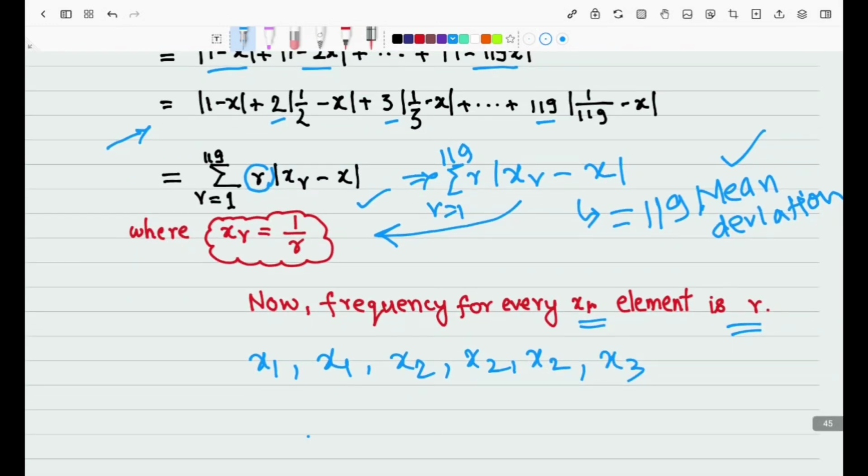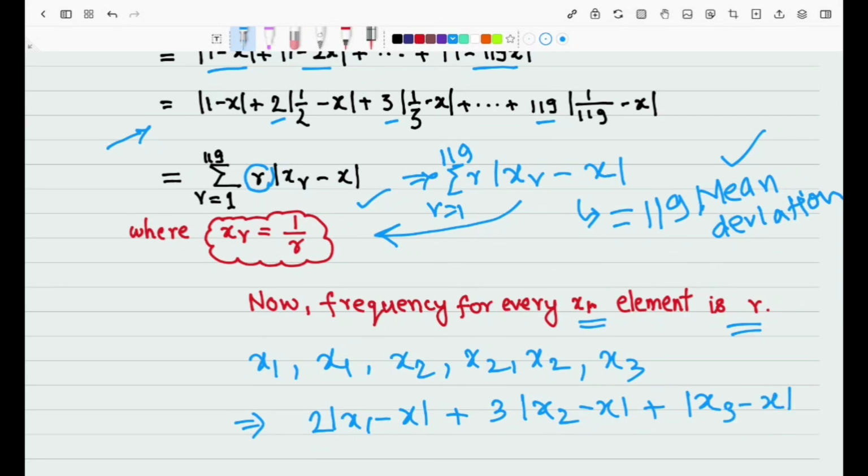So now the mean deviation becomes (|x1 minus x| times 2 plus 3 times |x2 minus x| plus |x3 minus x|) whole divided by 6, right?